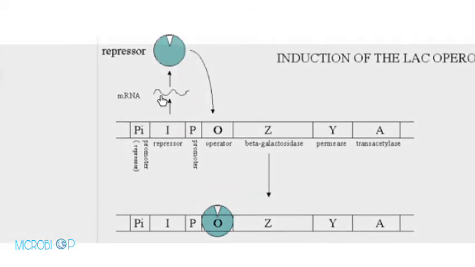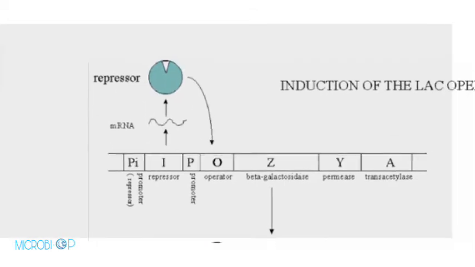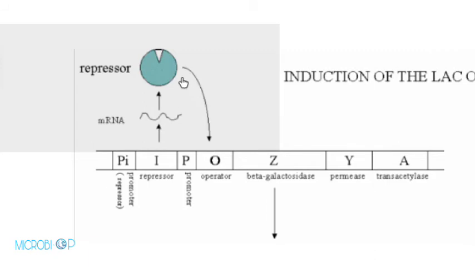Now what will happen when lactose is present and when lactose is not present? There will be two different situations. When lactose is not present in the system, the repressor gene will produce repressor proteins, and this repressor protein will come and bind with the operator. Now what will happen due to binding of the repressor protein with the operator?